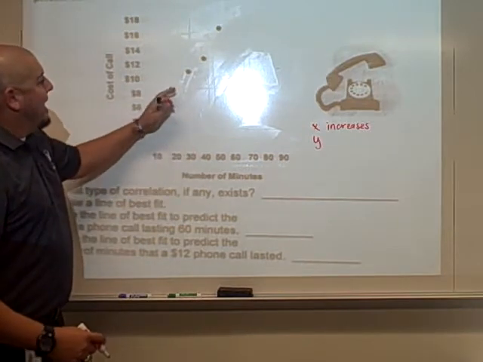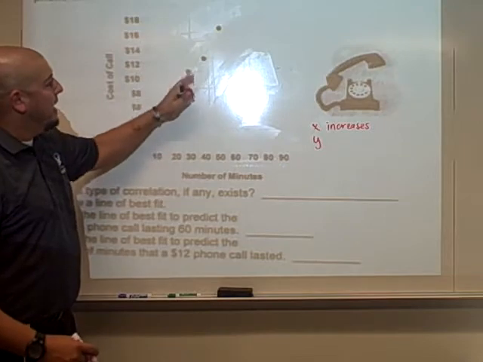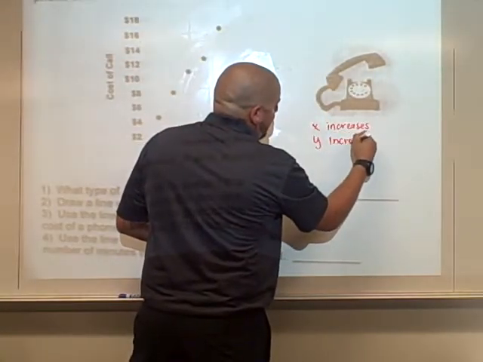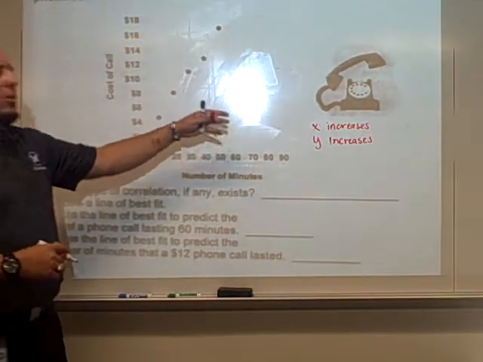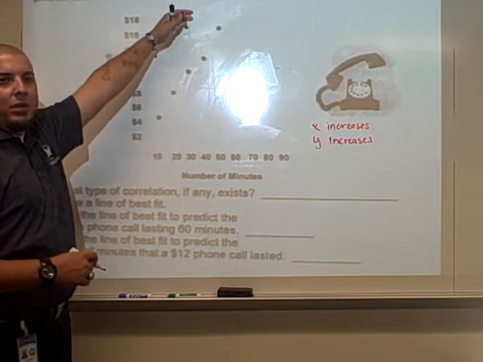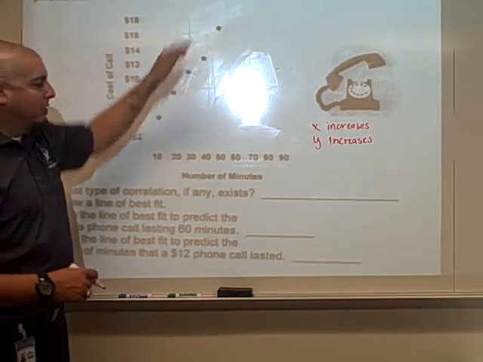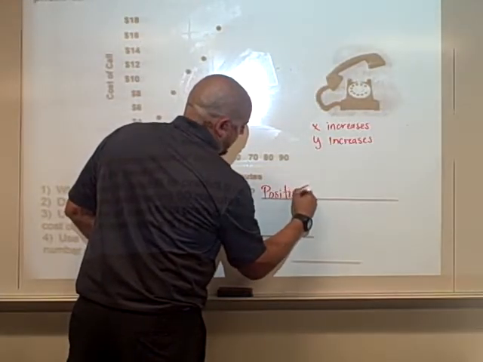What's happening to y? Is it going up, down, or all around? Well, clearly y is increasing. So x is increasing, y is increasing, and since x increases and y increases, we remember that to be a positive correlation. And again, the shortcut is, are the dots going up? Absolutely, the dots are going up, so we call this a positive correlation.